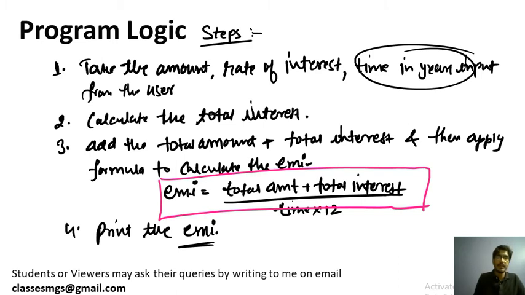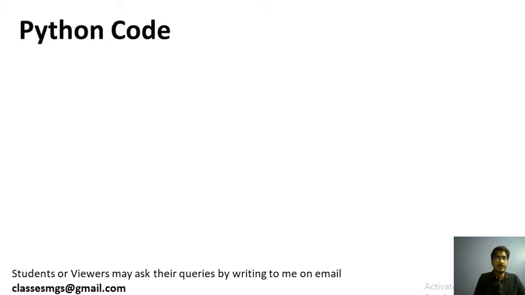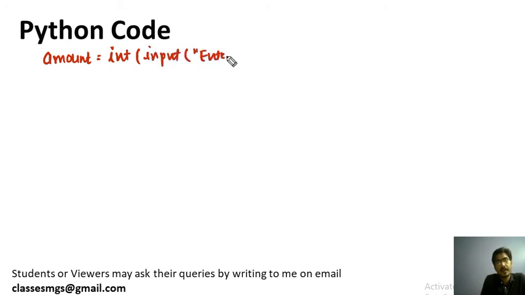Now we will see the Python code first, and then we will go and type it into the editor. So I am writing the Python code here. First, we need to take the amount, an integer let's suppose, as input: enter the amount.